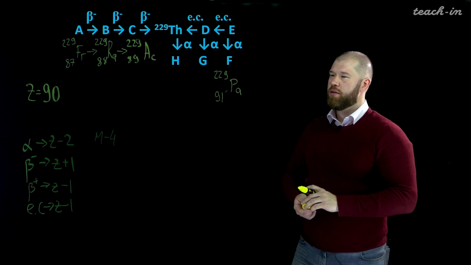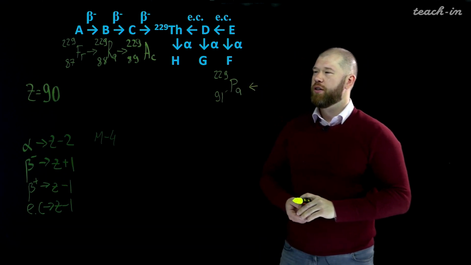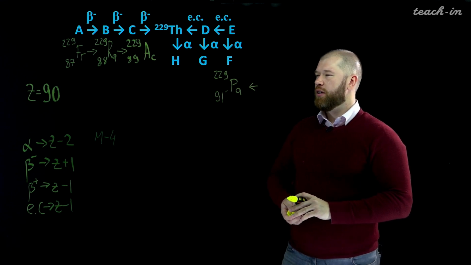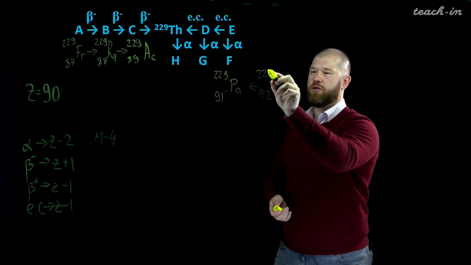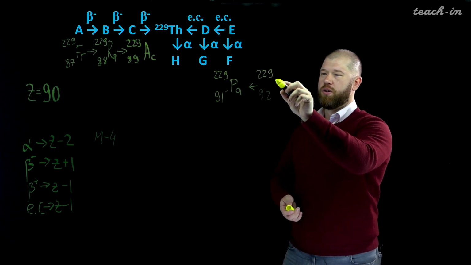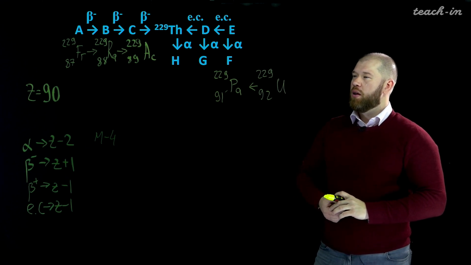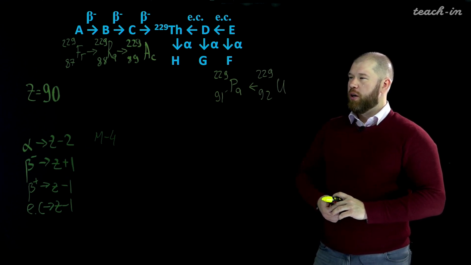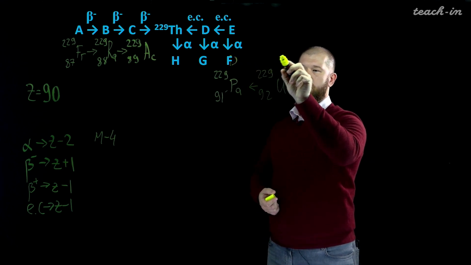Yeah, and now we are going to element E, or radionuclide E. Again, electron capture, mass doesn't change, so it's probably uranium. So now we know it is D and E.